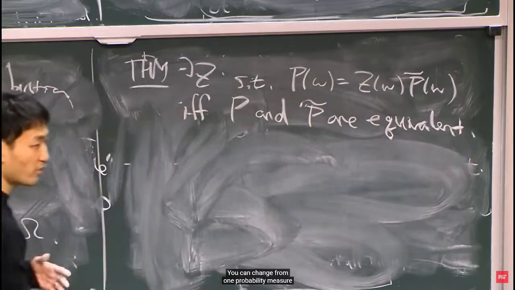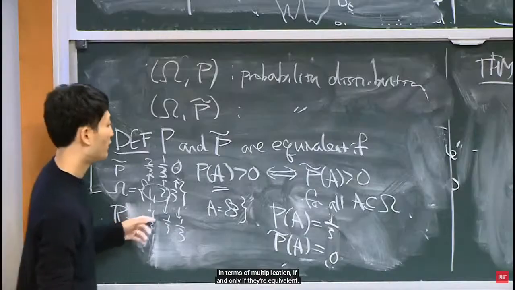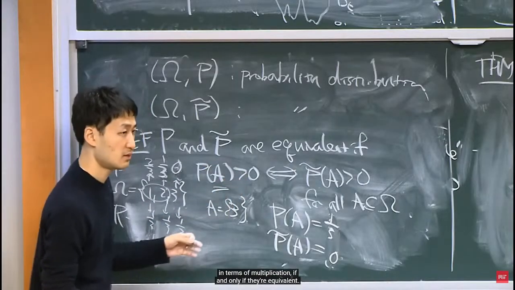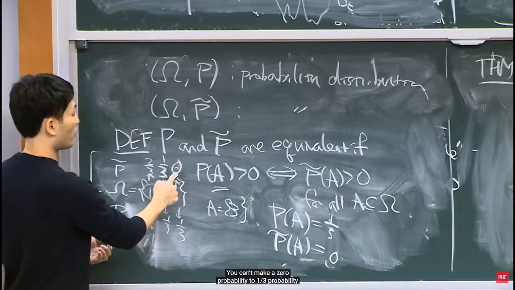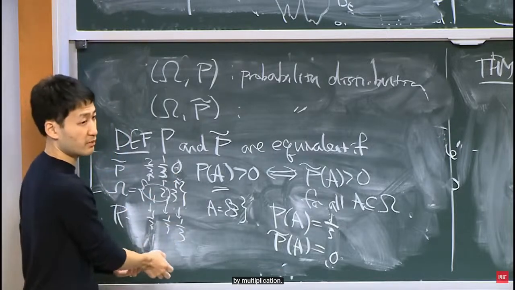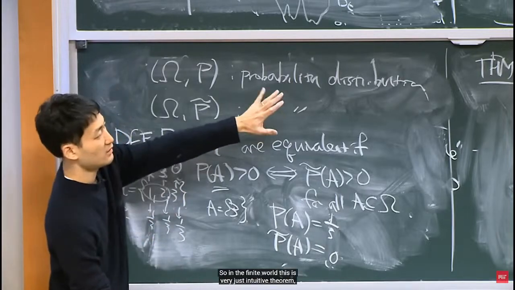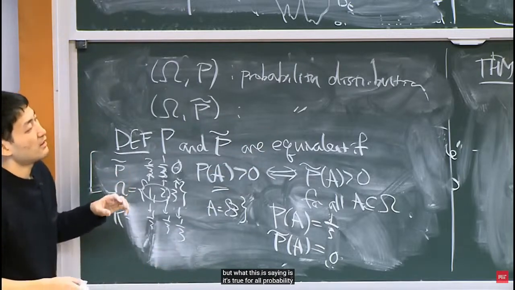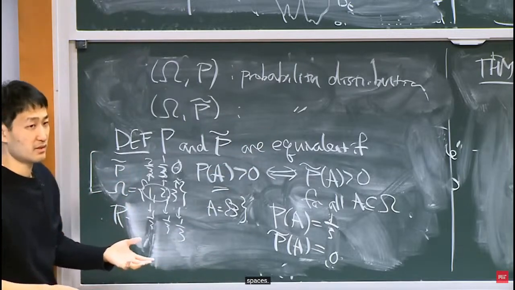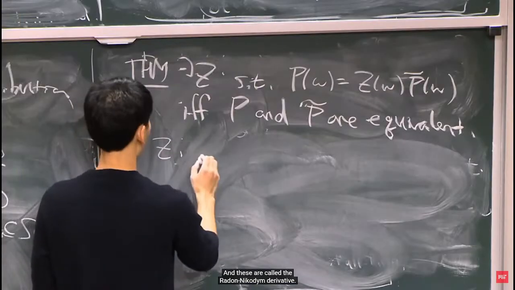You can change from one probability measure to another probability measure just in terms of multiplication, if and only if they're equivalent. And you can see that it's not the case for this. When they're not equivalent, you can't turn a 0 probability into a 1/3 probability by multiplication. So in the finite world, this is a very intuitive theorem. But what this is saying is true for all probability spaces. And Z is called the Radon-Nikodym derivative.